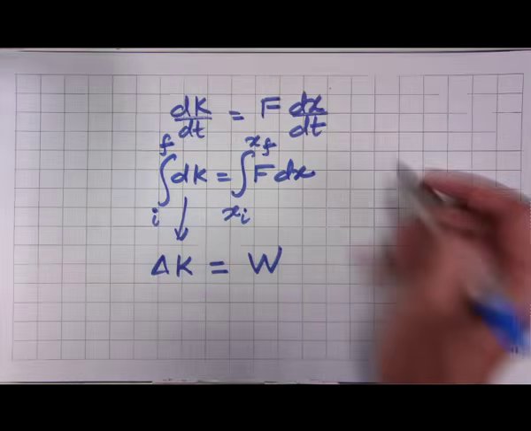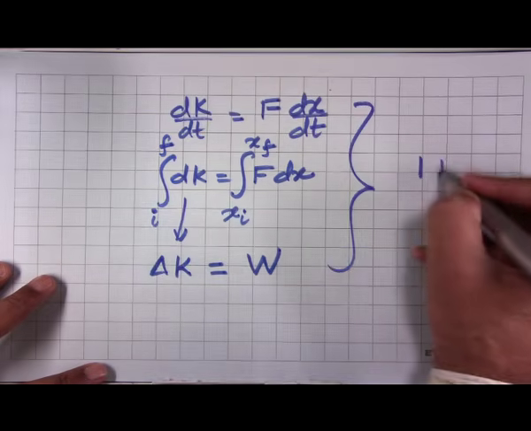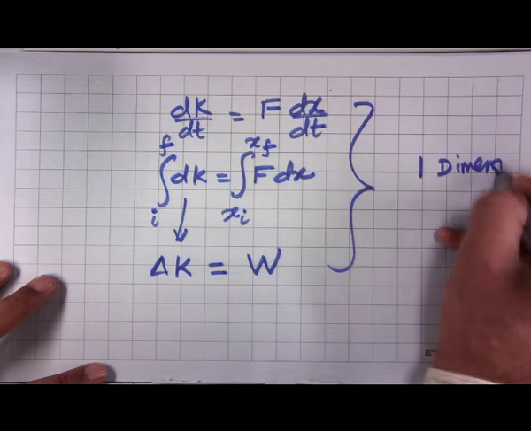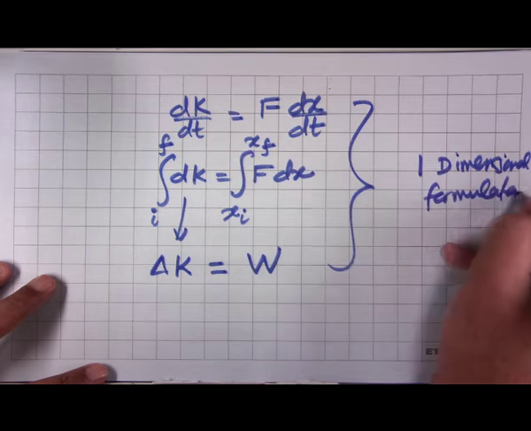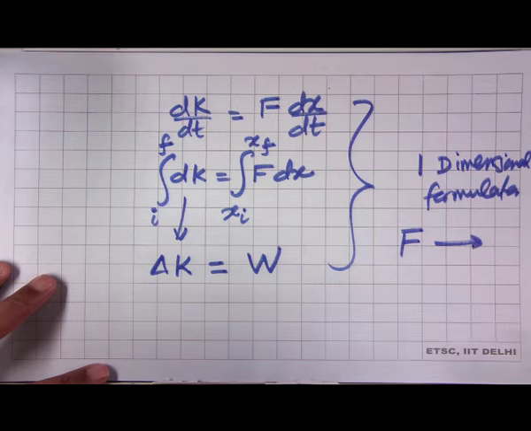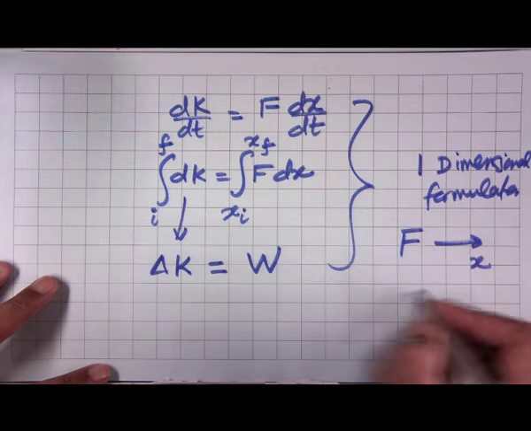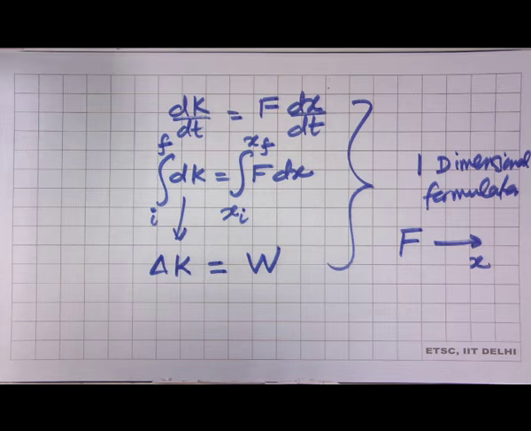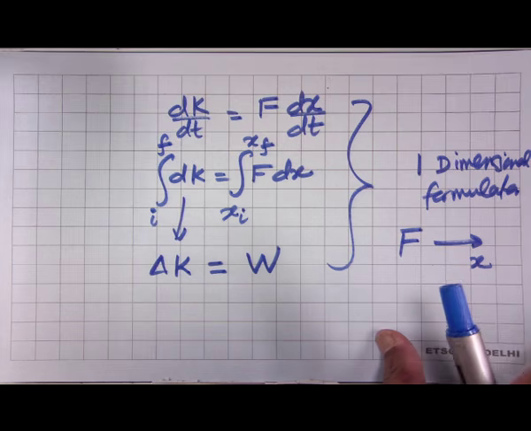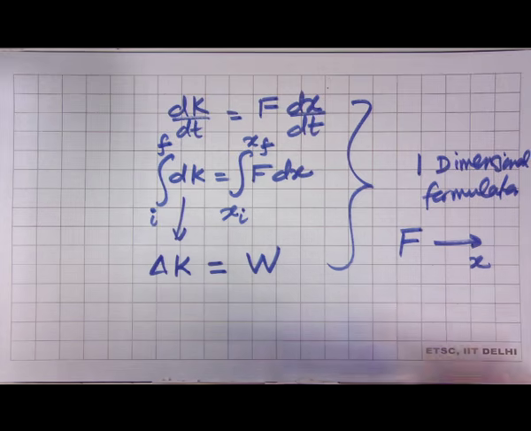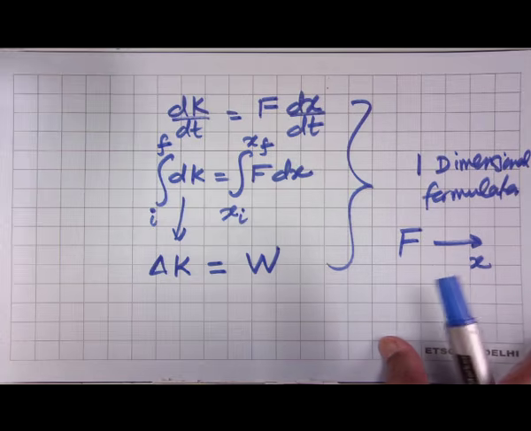This derivation was for a one dimensional formulation, which means the force is along one direction, let us say x, and the movement of the particle is also along x. Well, this derivation has been done for one dimensional motion, but it is also valid for a general case.